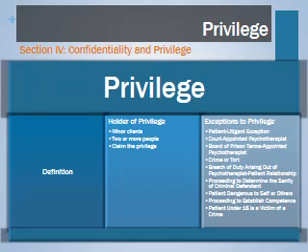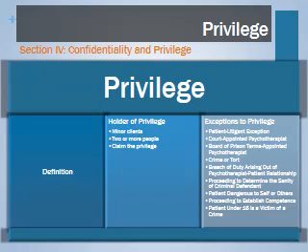Okay, so privilege is a legal term, and this refers to the person's right not to have confidential information revealed in a legal proceeding. The holder of the privilege is the patient when they have no guardian or conservator. It can also be the guardian, or if they're dead, a personal representative that's been appointed. And let's talk about the exceptions to privilege.